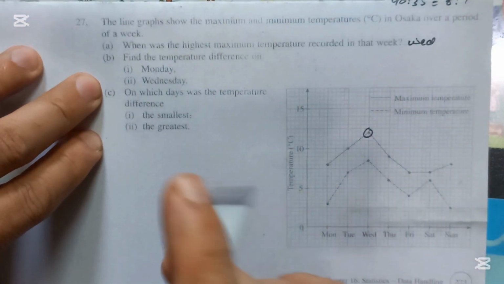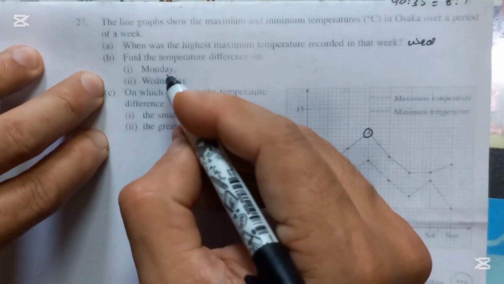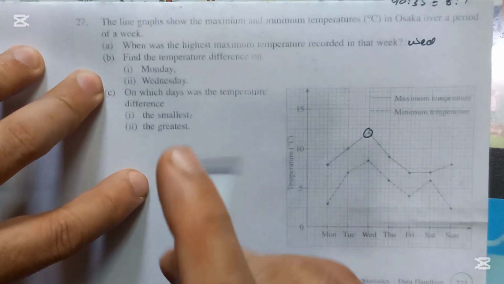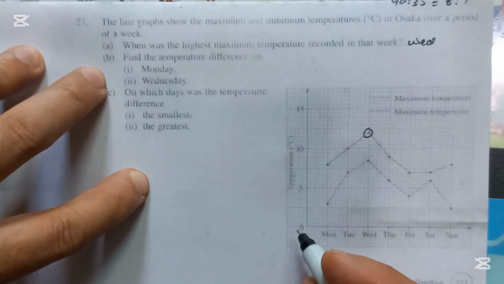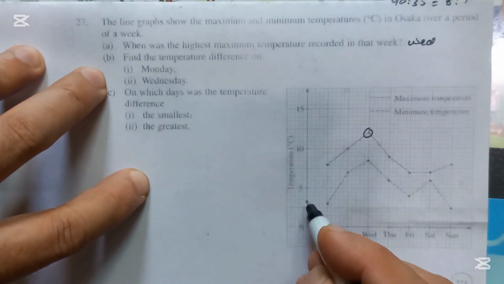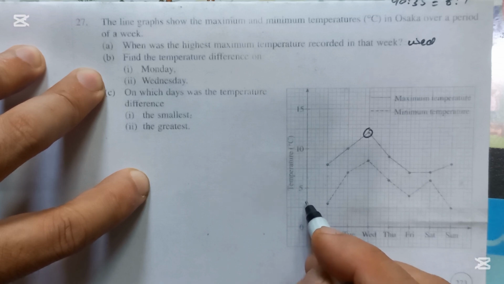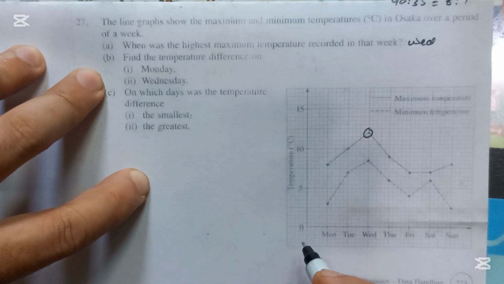Okay, next requirement is find the temperature difference on Monday. The temperature difference is the requirement, and you can see 10 small boxes are represented by 5 values. So one small box will represent 0.5, because 0.5, 1, 1.5, 2, 2.5. So this is the pattern.